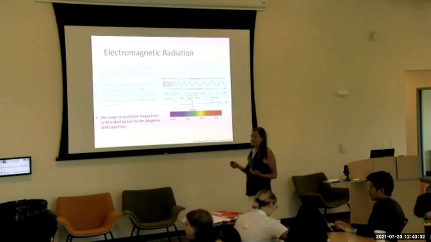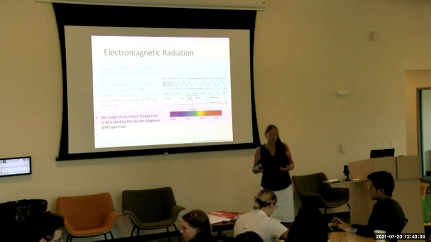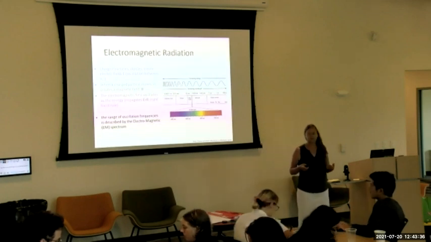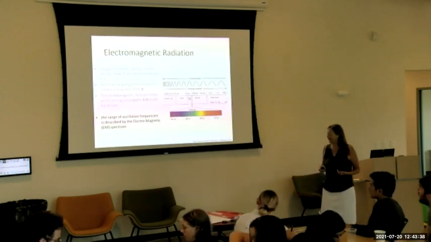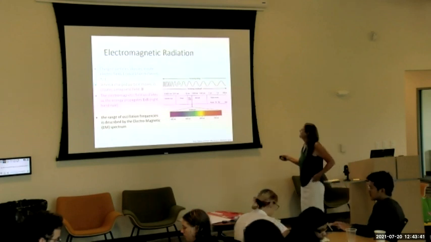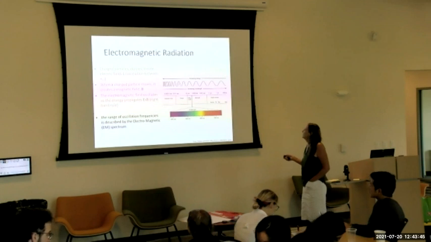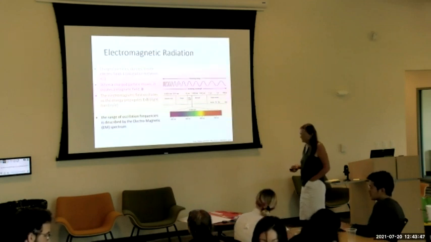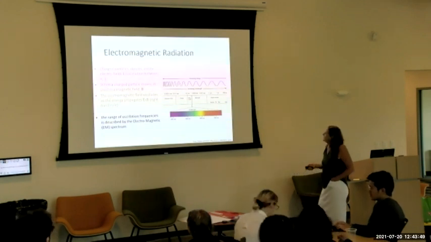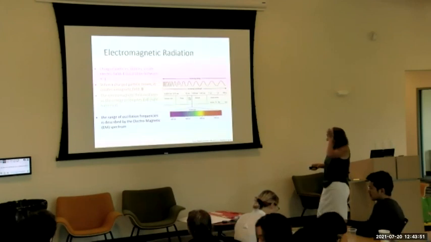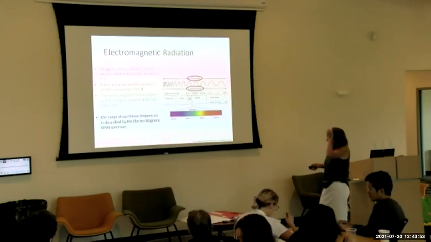Shorter wavelengths have higher energy, higher frequencies. The visible spectrum, about which this class is mostly concerned, is just this really small part tucked in here between ultraviolet and infrared.